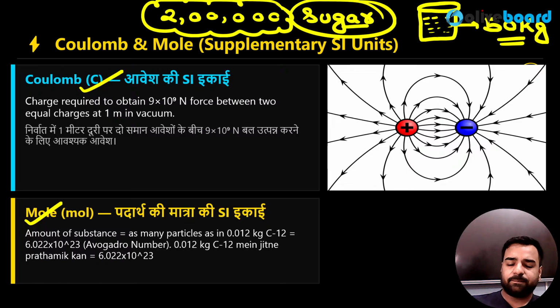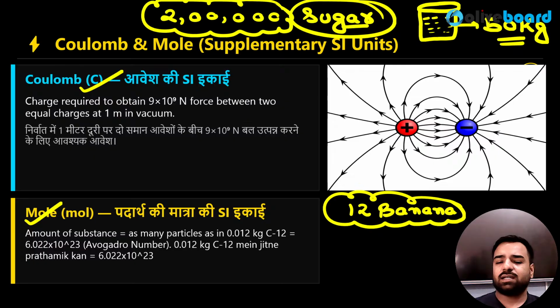Similarly, if I want to take 12 bananas, what is the easiest way I can ask for it? How can I ask the seller without saying 12 bananas? I'll use the term 1 dozen, or 2 dozen, or 5 dozens of bananas.